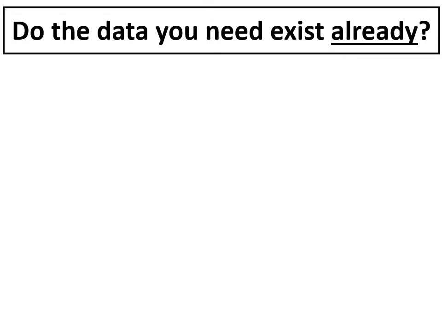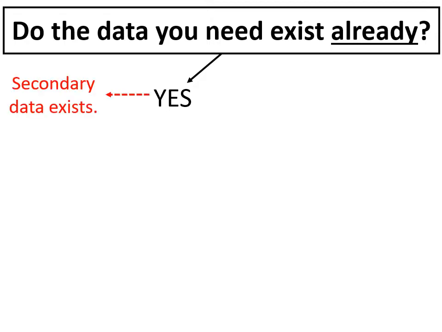Because if they do and someone else has them, then maybe you can just use their data, which can save a lot of time and work and money. So if the data exists already, here on our little flow chart, that means that secondary data exists.